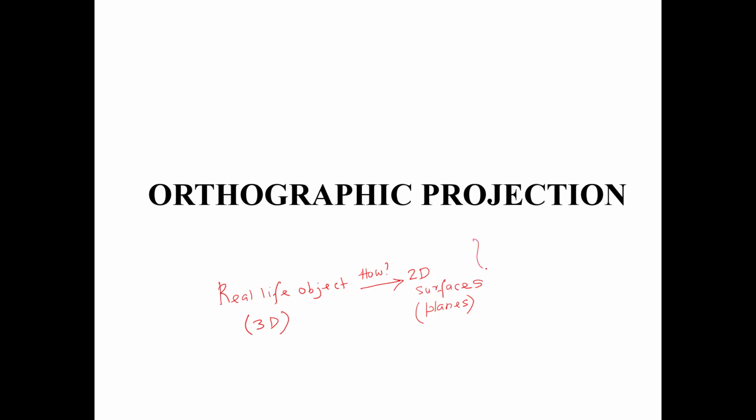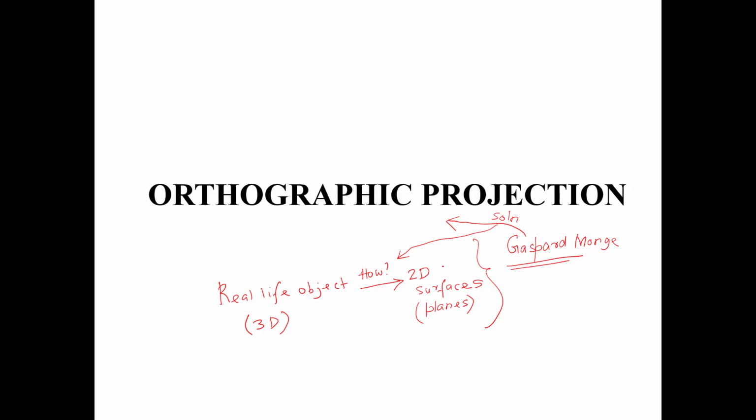As a solution to this problem, a French mathematician whose name was Gaspard Monge introduced this technique of orthographic projection as a solution to the problem of representing three-dimensional objects, or real life objects, on two-dimensional surfaces without losing out on any details regarding its shape and size.